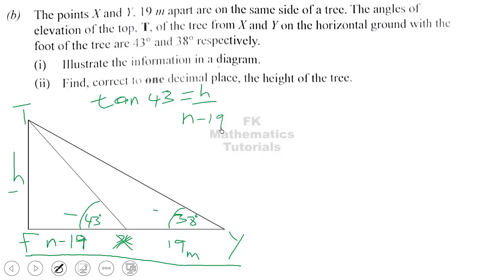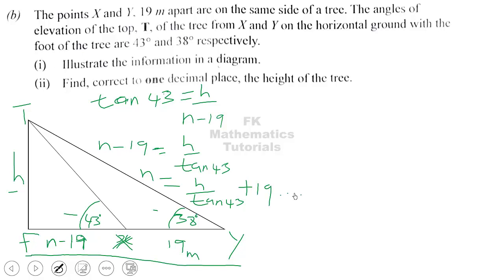So n minus 90 will be equal to h over tan 43. So n is equal to h over tan 43 plus 90. Let's call this equation 1.